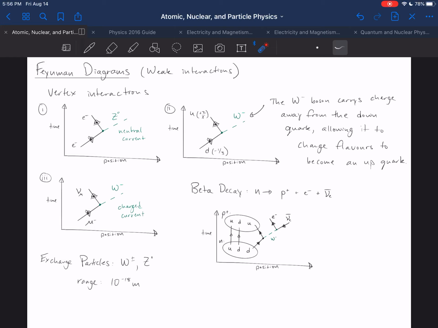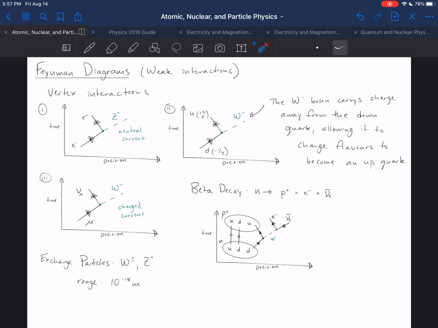And the only way to conserve charge at this vertex, because we start with only minus 1/3 of the elementary charge, is for this down quark to change flavors to an up quark at plus 2/3 charge. It could change flavors to another generation, but that is unlikely, as it turns out.